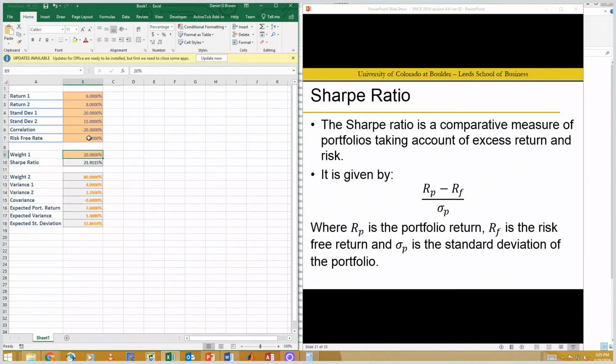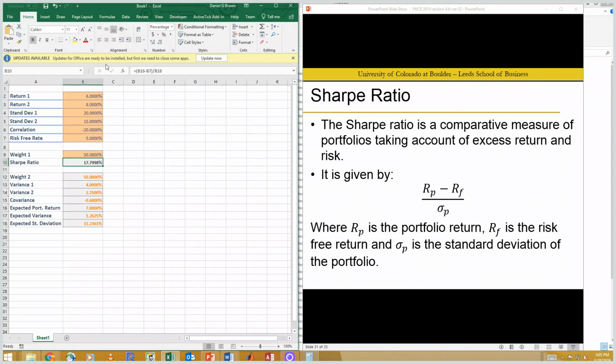So with a weight of 20%, the Sharpe ratio is 21.91. With a weight of 1%, it's 20.11. With a weight of 50%, it's 17.79, and so on.